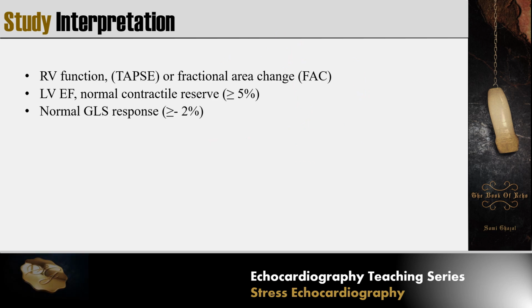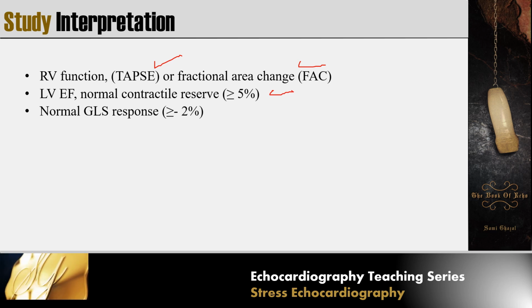RV function should not be forgotten. Also, we have to check for it either by TAPSE or fractional area change. LV EF also has to be checked and documented. We look for contractile reserve. A normal contractile reserve is an increase of 5% or more in EF during exercise.